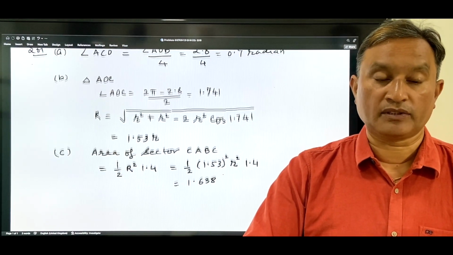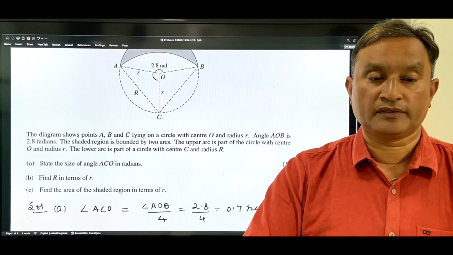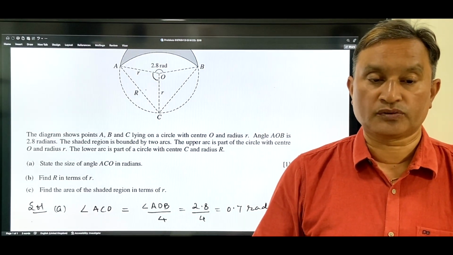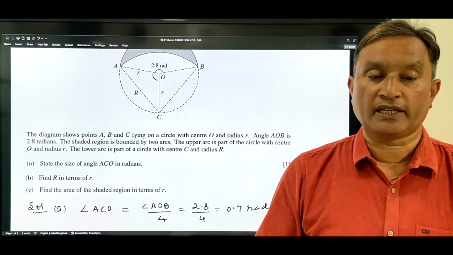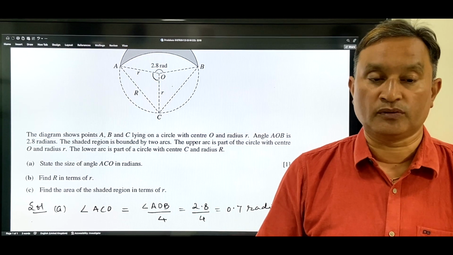Now we will find out the area of two triangles. They are congruent triangles. We will find the area of one triangle and multiply it by 2.